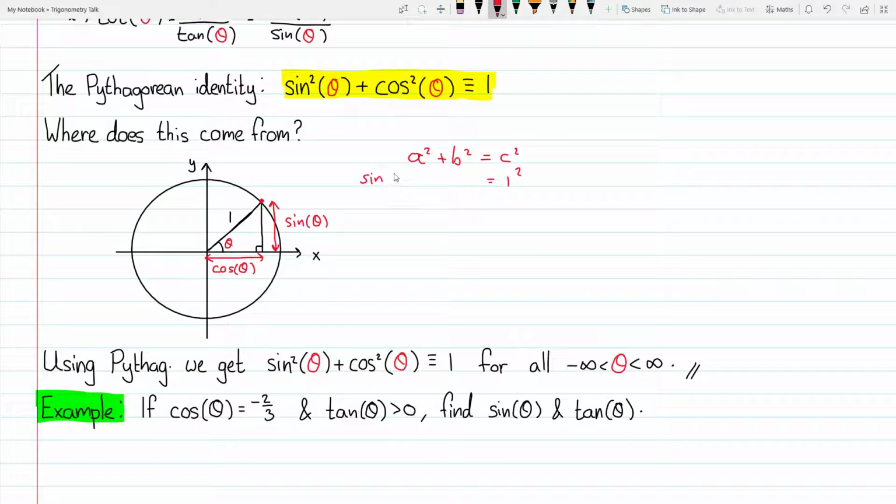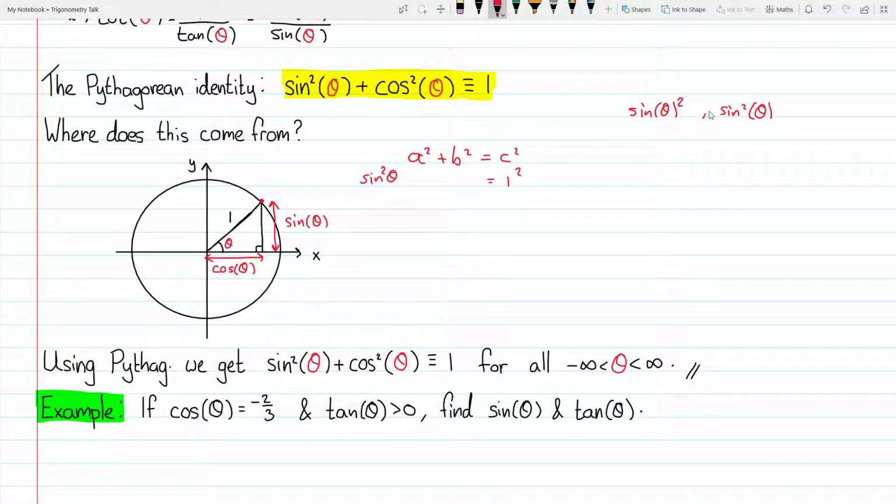So this is sine of our angle, and often it's conventional, when we write a function with our argument here, to write our powers beforehand. And this just gets rid of any ambiguity in case we want to omit our brackets. So we could write sine in brackets and then end it here. Or we could write sine squared and then have our brackets and then put the angle here.